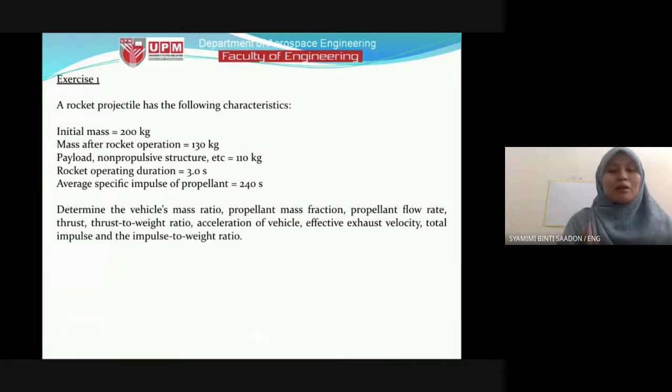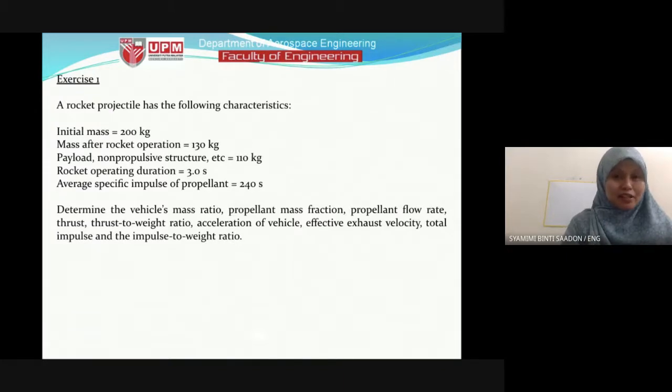But for a rocket engine, it is more important to know the specific impulse, the effective exhaust velocity, rather than thrust force or propulsive efficiency.